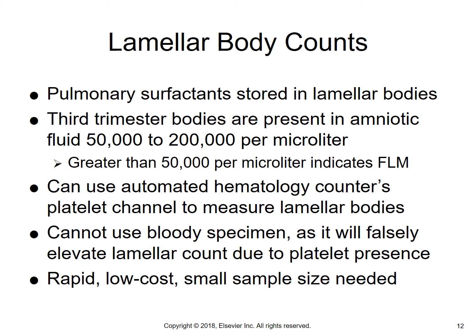By the third trimester, they are present in the amniotic fluid at concentrations ranging from 50,000 to 200,000 per microliter, and greater than 50,000 indicates that the fetal lung is mature. Again, contaminants can falsely elevate the count, but it is quick and very inexpensive, and only a small sample is needed.